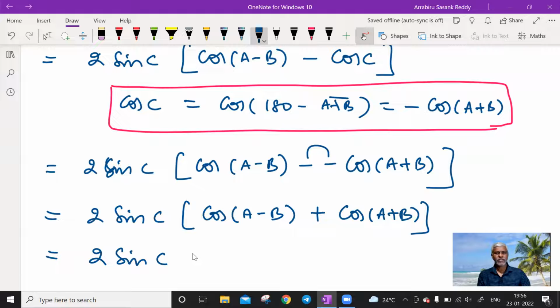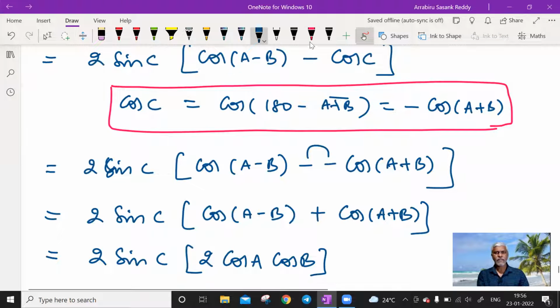Almost similar to the previous problem. In the previous one it was a difference, now it is the sum of these two, cos(A plus B) and cos(A minus B). This is 2 cos A cos B. In the previous problem it was the difference, so it was 2 sin A sin B. Here it is 2 cos A cos B. You should remember this.